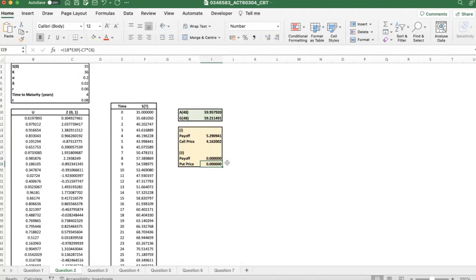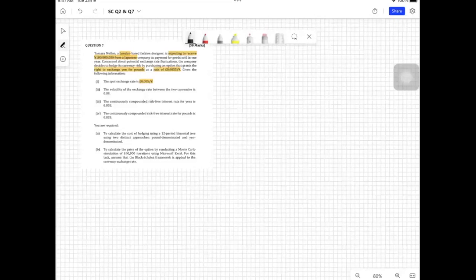Okay, now we will move on to question 7, the second question. The second question is on exchange rate, which is quite a popular question. One thing students always get confused with exchange rate is how we should look at it.